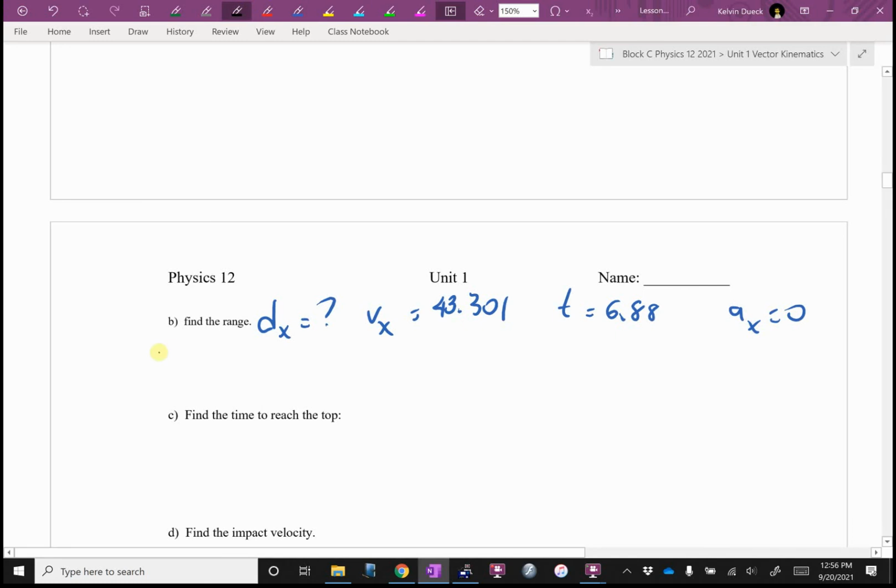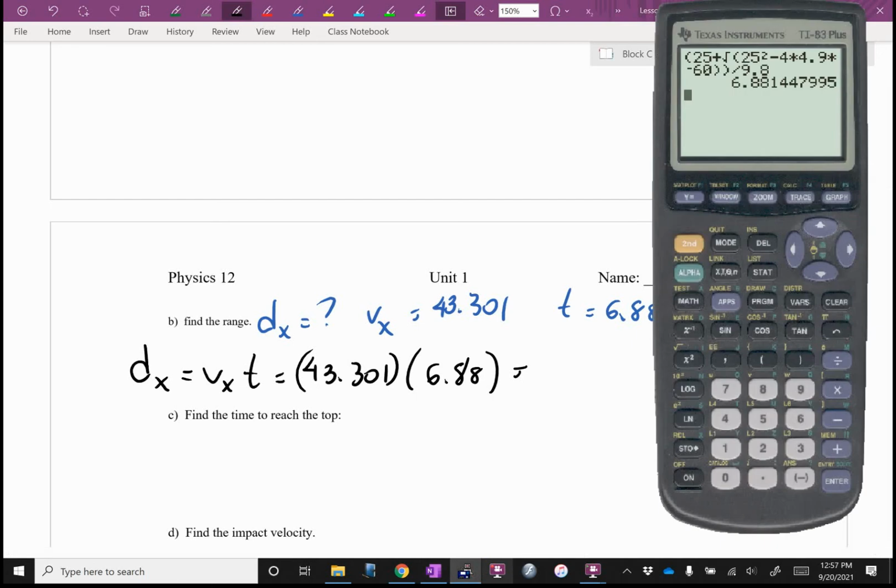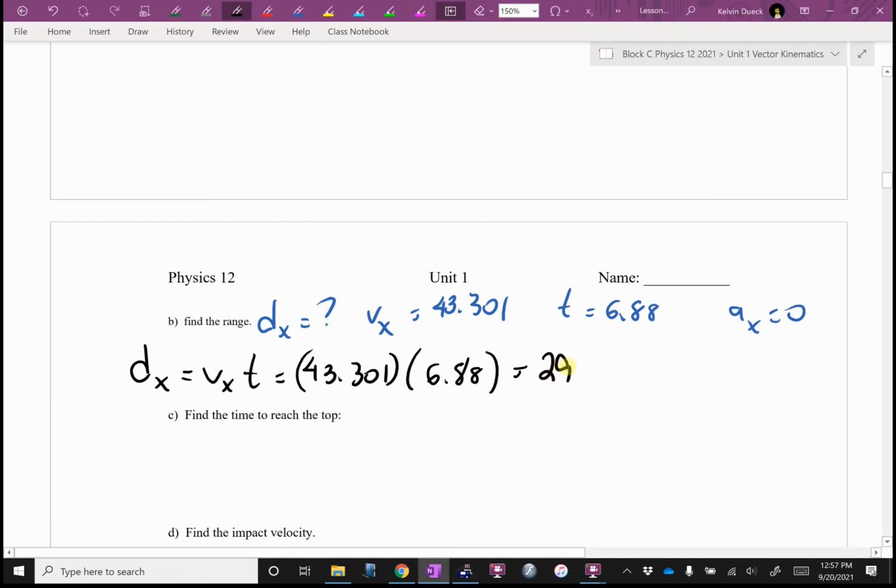Yeah, I can just go dx equals vx t, 43.301 times 6.88, but I'm using my answer button because that's what I happen to have stored here. And I get 297.9, you know what, 298 meters.